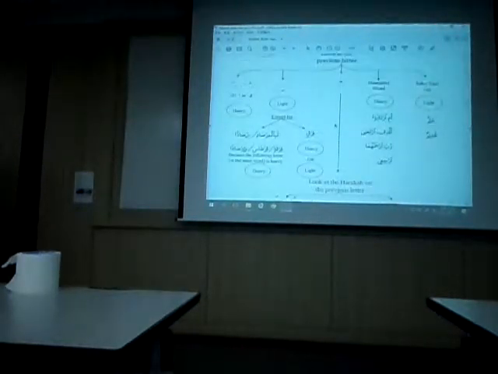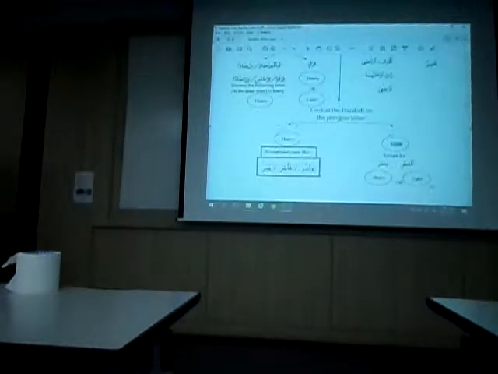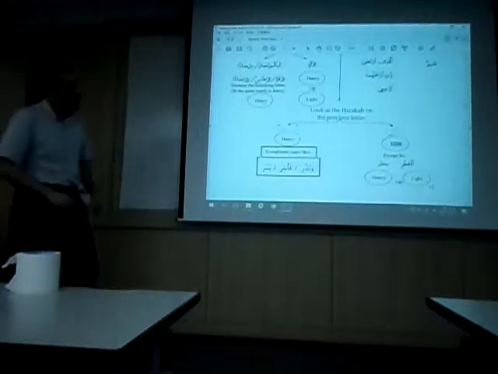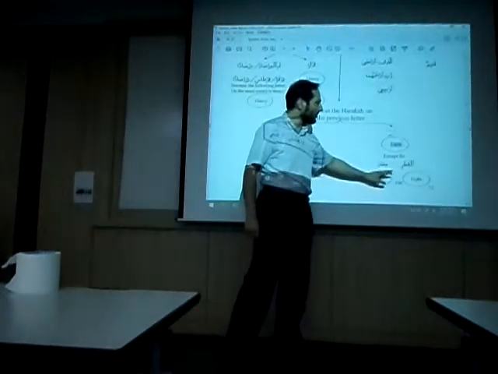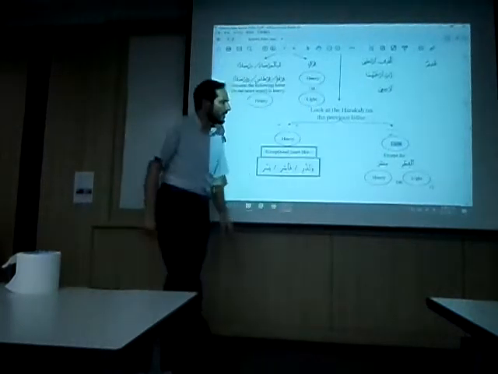For the case where the ra is sakina and the letter before it is sakin, if the letter before is maksur, then the ra should be light, except for two cases: qitr and misr.